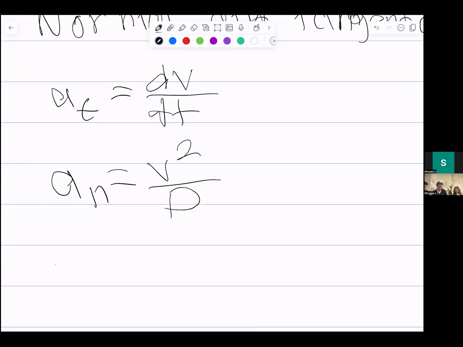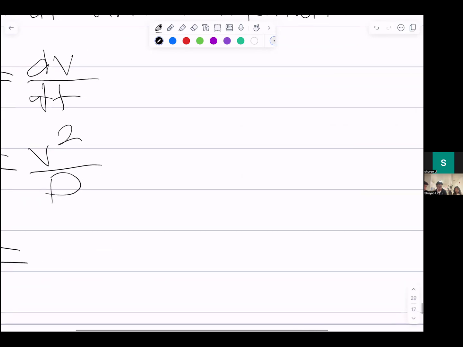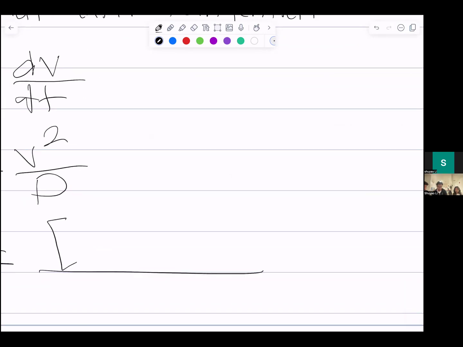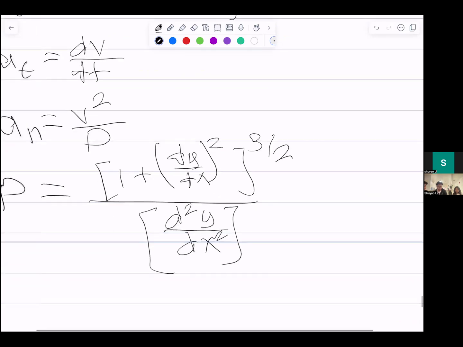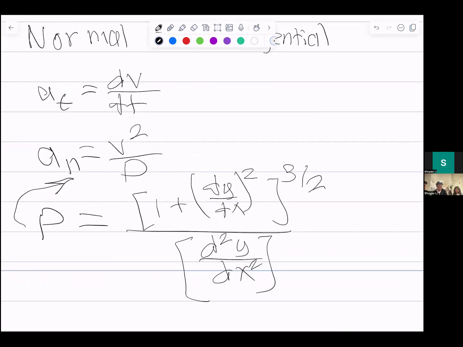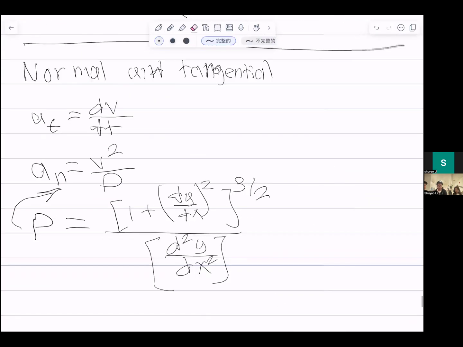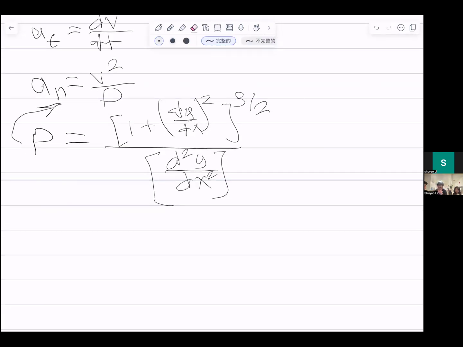We derive that from the equation of 1 over the slope dy/dx squared to the power of 3/2, over the double derivative d squared y over dx squared. And that's how we plug that in to find the normal acceleration. Cool. And that's about it for lecture 19.